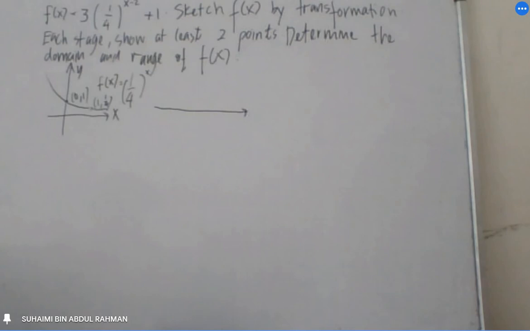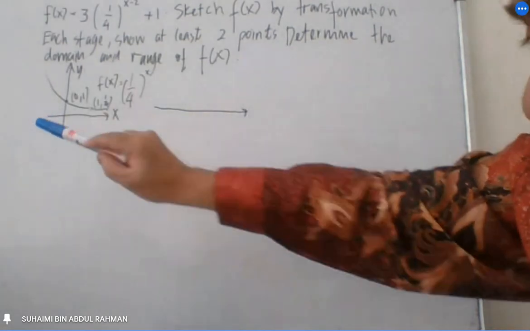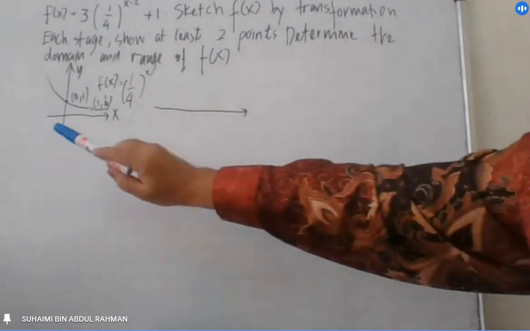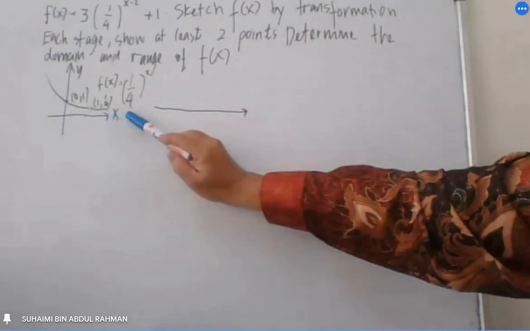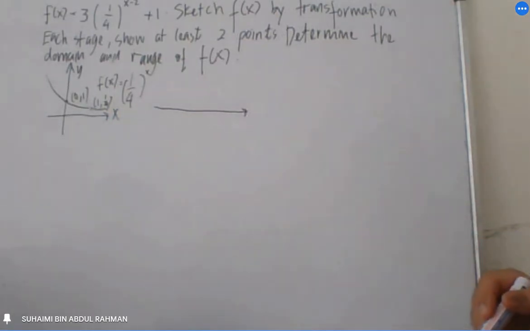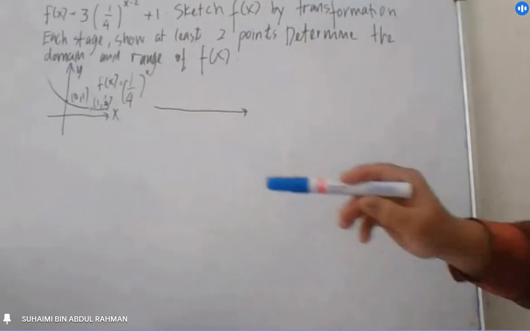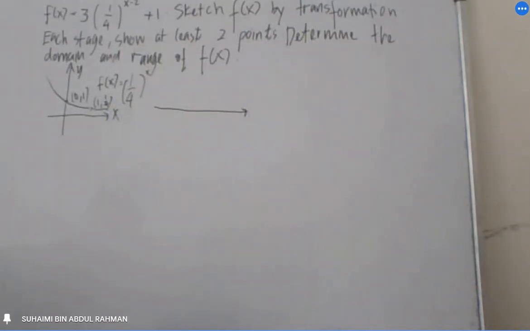Before that, sorry, asymptotes. When I explained last time, the asymptote is here, and this is the horizontal asymptote. The horizontal asymptote is this line, or we say the line y equal to 0.